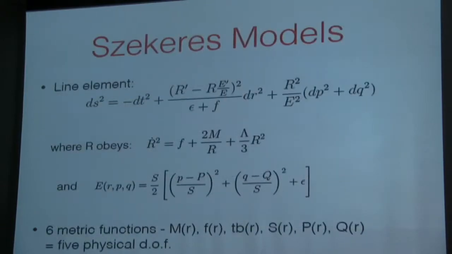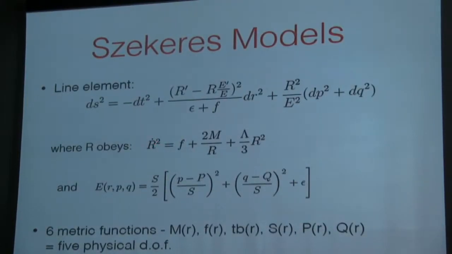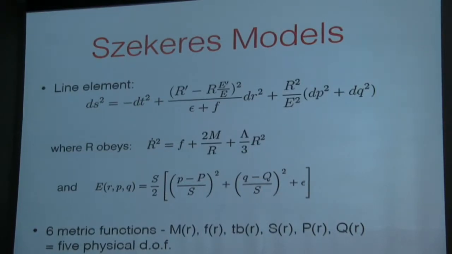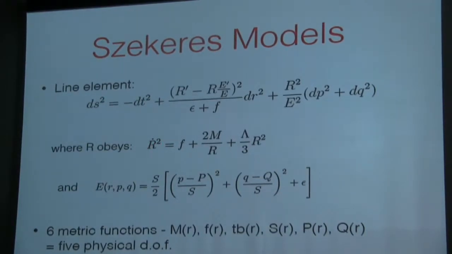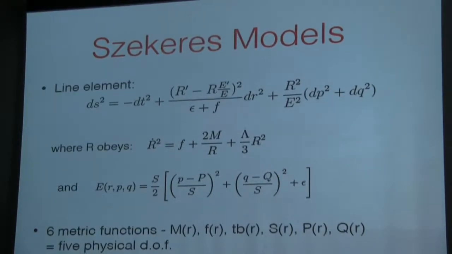This R over here is something like the areal radius, similar to LT models, and it obeys something like a Friedmann equation, except that it is a function of time and radial coordinate. In addition to LT models, we have this other function E, which in some way controls the non-spherical symmetry. It's essentially the inhomogeneity away from spherical symmetry.